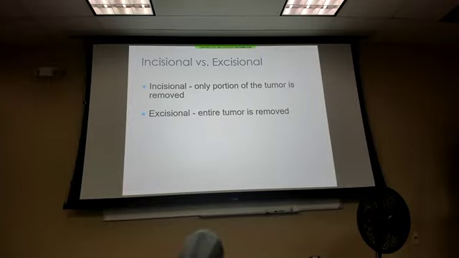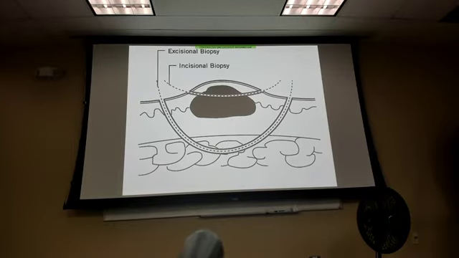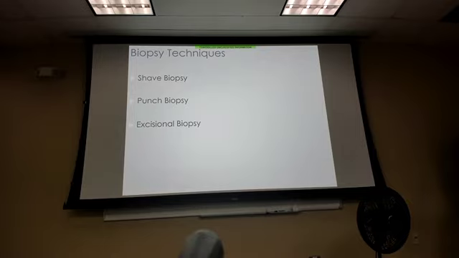With incisional, we don't have to take all of the tumor out. It's more of a diagnosis. But if we think that this is some type of a melanoma, then we have to get it all the way down to the sub-Q. So you can see that's epi, derm, sub-Q. Three things: shave, punch, excisional.